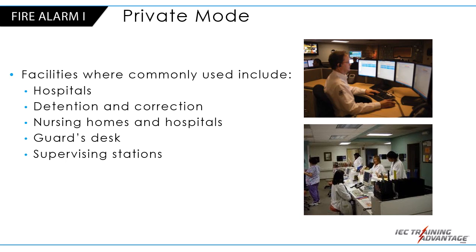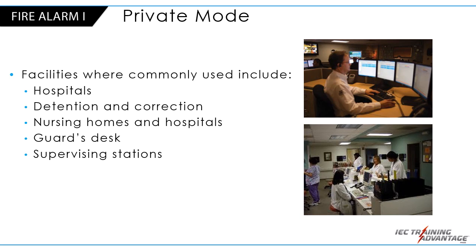So again, this private mode is used to facilitate an evacuation or a partial evacuation. Just because there's an alarm in the west wing of the hospital, maybe somebody threw out a cigarette in the trash can and the trash can started to smolder, and that smoldering caused the smoke detector in the bathroom to go into alarm.